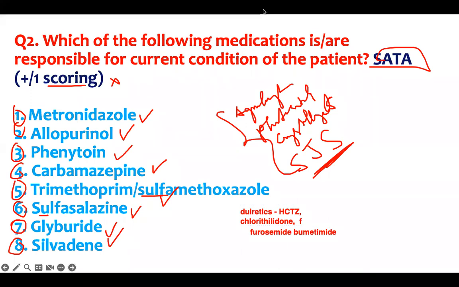We don't talk about them that much because we focus on the diuretic effect and then their side effects. Even spironolactone, which is also a diuretic. So they are all sulfa drugs: hydrochlorothiazide, chlorthalidone, furosemide, bumetanide, even spironolactone.